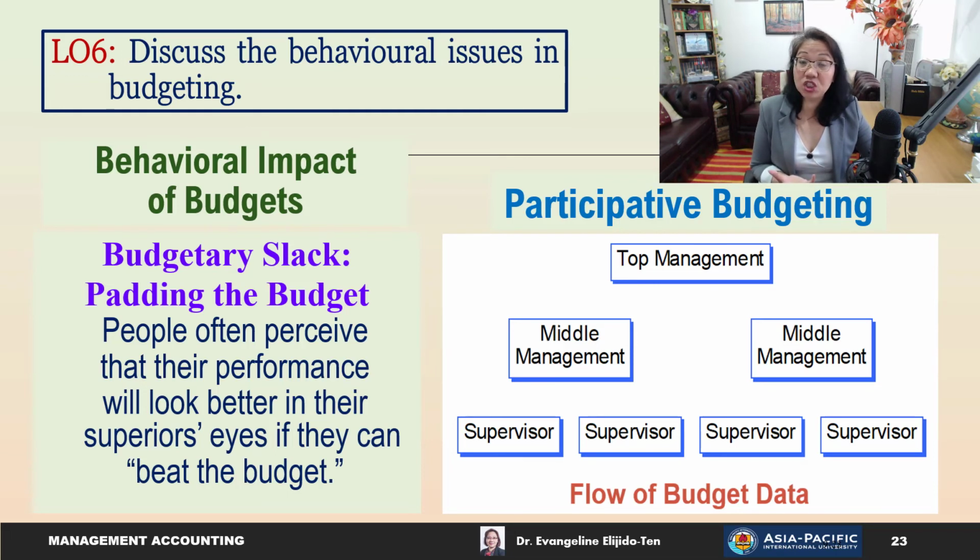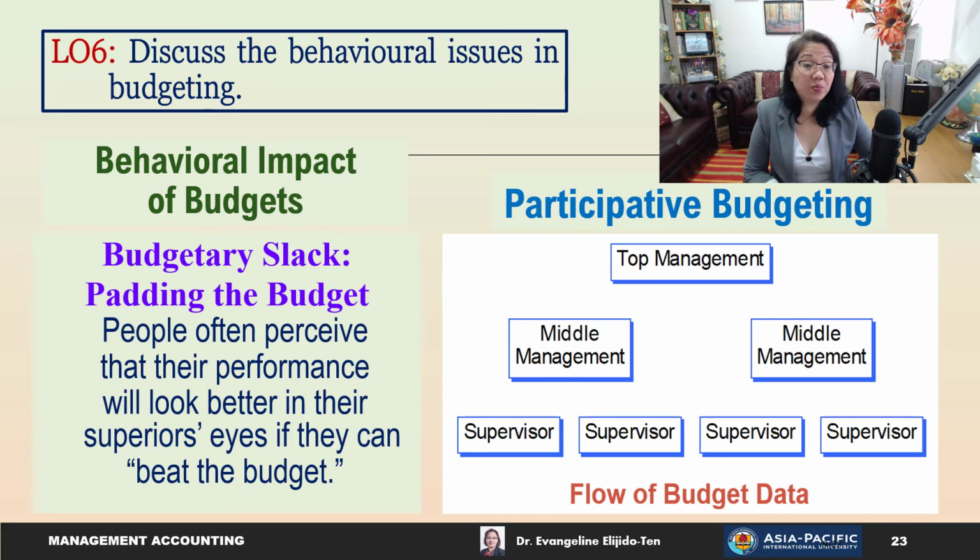Such participation can give employees the feeling that, hey, this is our budget. We are involved in setting these goals, rather than the all too common feeling that this is the budget you imposed on us. So whilst participative budgeting can be very effective, it also can have some disadvantages or shortcomings.